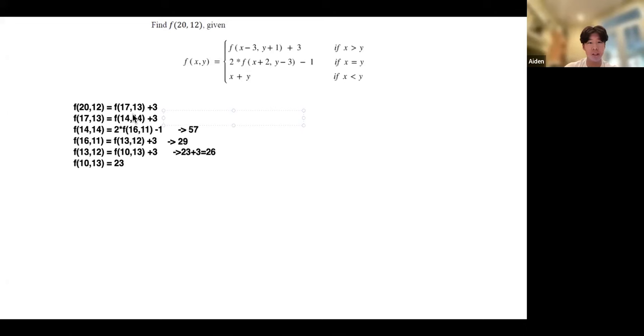And then since f of 14 comma 14 is 57, we get 60. And then finally, f of 20 comma 12, which is 60 plus 3, so 63. And this would be our final answer.